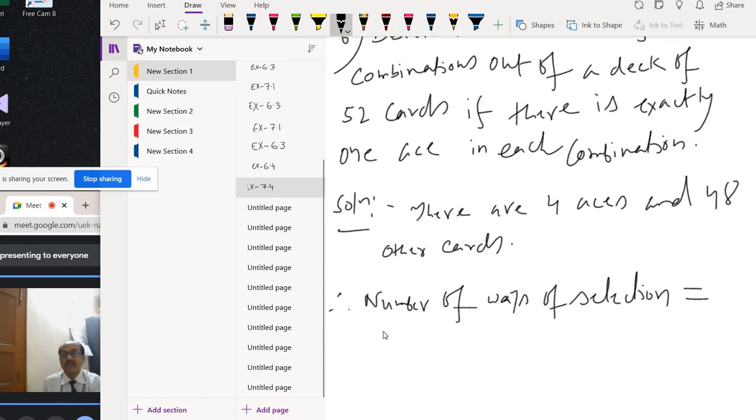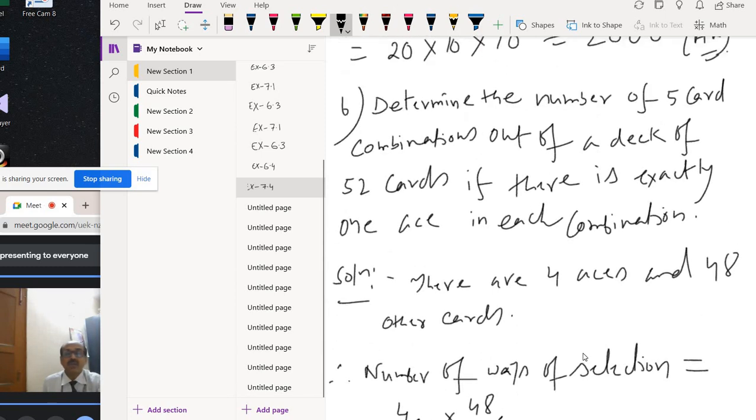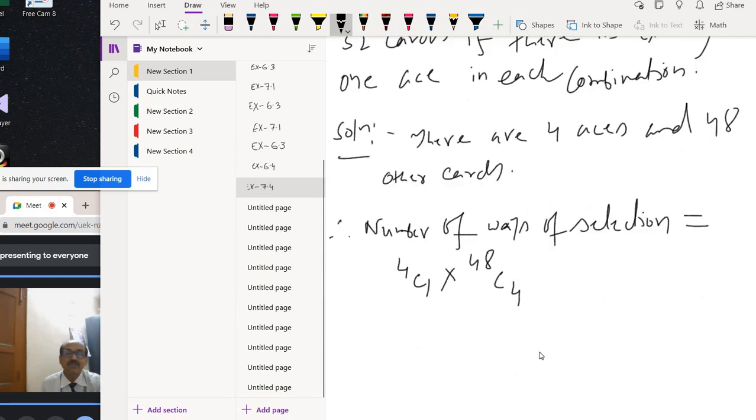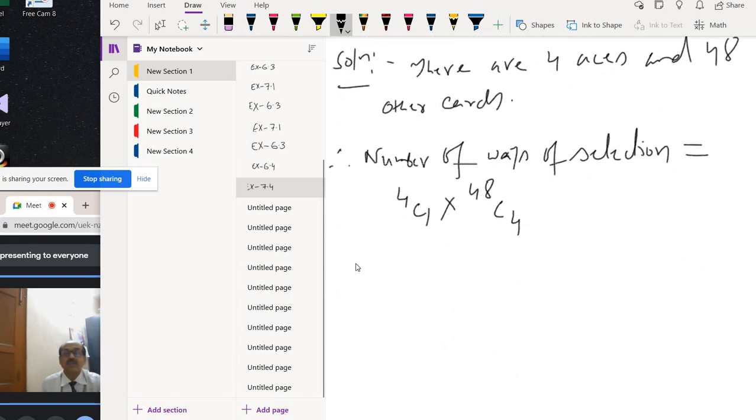Out of 4 aces, one is taken at a time, so 4C1, into the other cards, 48C4. From 48 we need 4 cards because in total we need a 5 card combination. So 1 plus 4 is 5, and in total we have 52 cards, 48 plus 4. Okay. Now calculate.